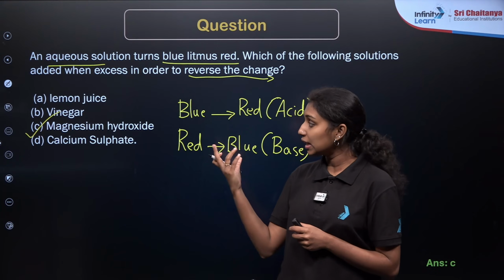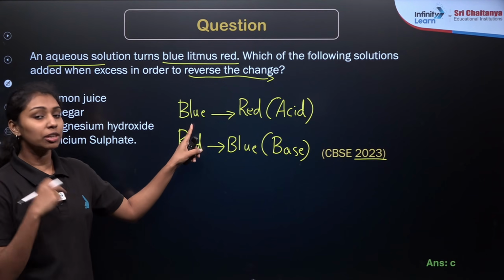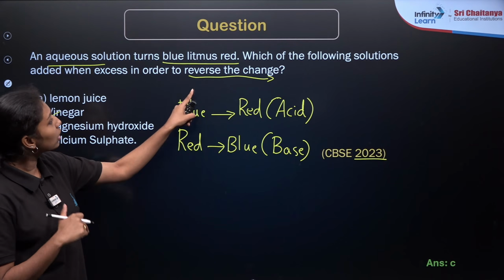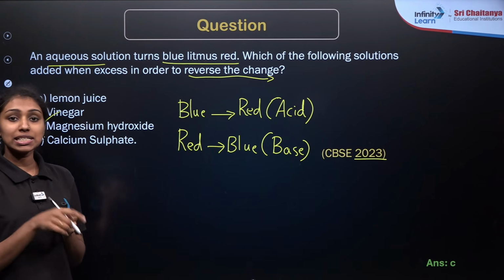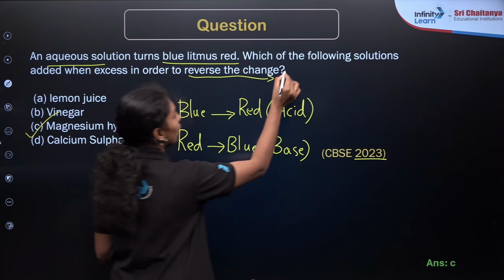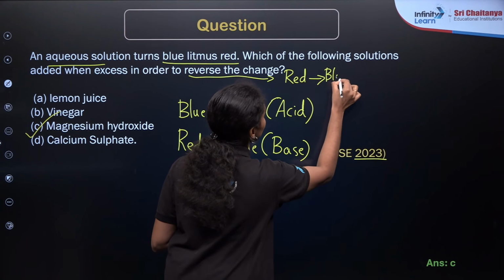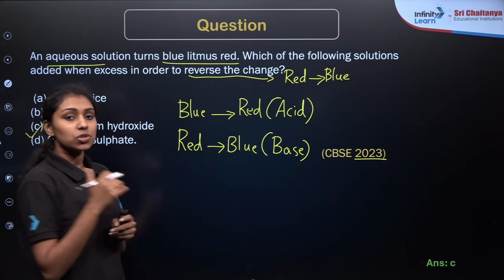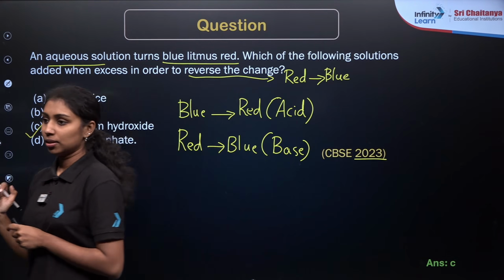So if it contains an acid solution, the change will be blue litmus to red. But our question is we need to reverse the change, right? The reverse change means red litmus to blue. So we need to get the answer as a basic solution. So here option C will be the correct answer, that is magnesium hydroxide.